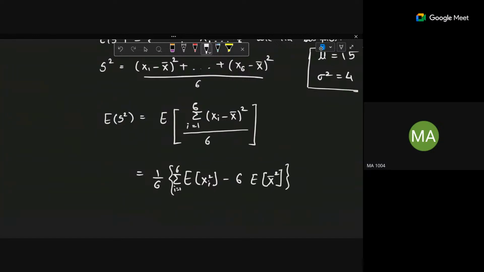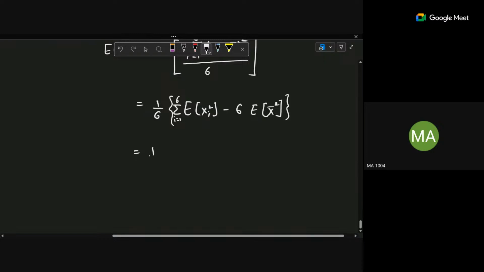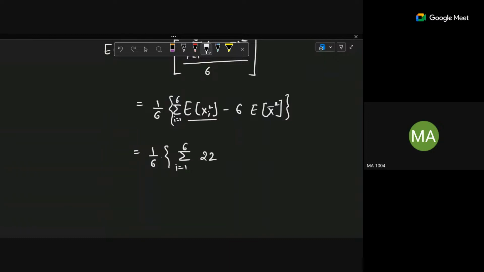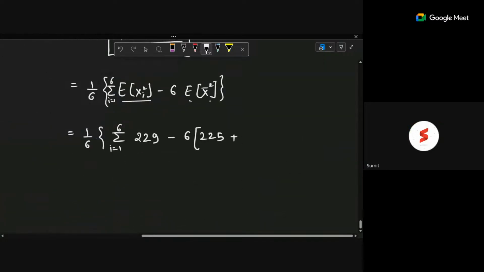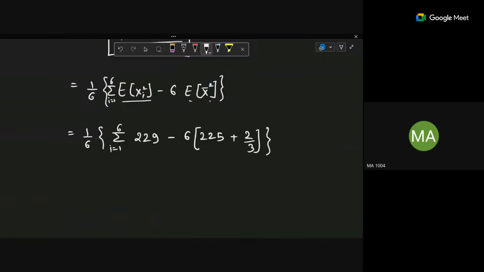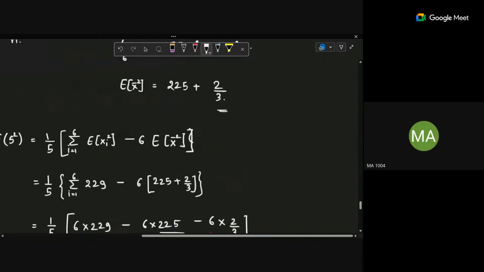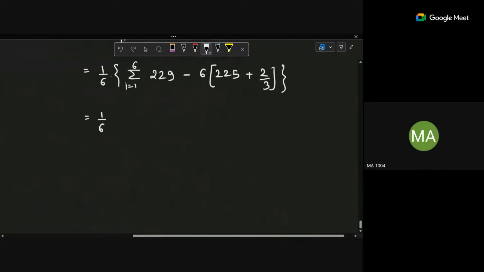So it was 225, right? 229. 1 by 6, this will be summation 1 to 6 of expectation of xi square, we got it as 229, minus 6 times expectation of x bar square, which is what? 225 plus 2 by 3, right? Plus 2 by 3. These all things will remain same. There is no change. Yes, same. Okay.